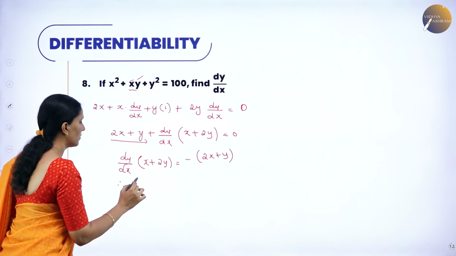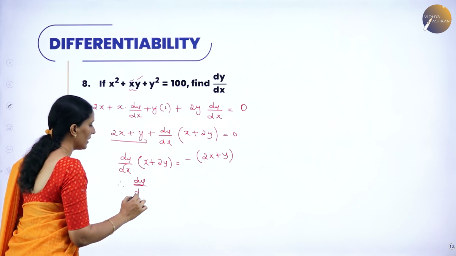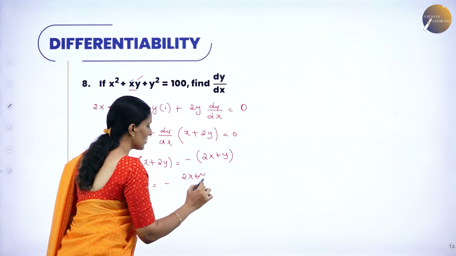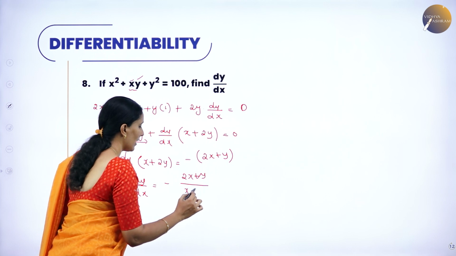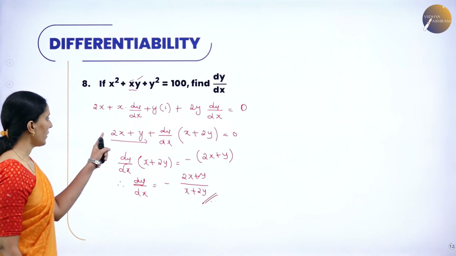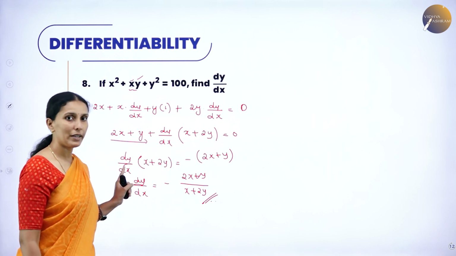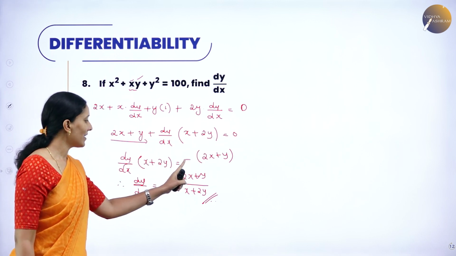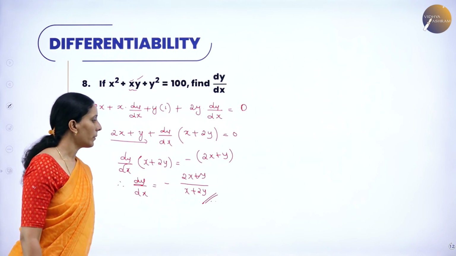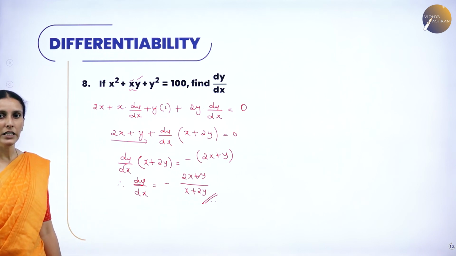So therefore, dy by dx can be written as minus (2x + y) divided by (x + 2y). So when you shift both that side, both become negative. That's why you can take minus as a common factor. So it remains positive. Next, shift to the denominator. So this is what dy by dx.